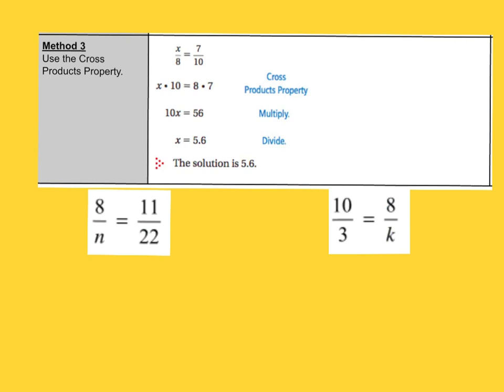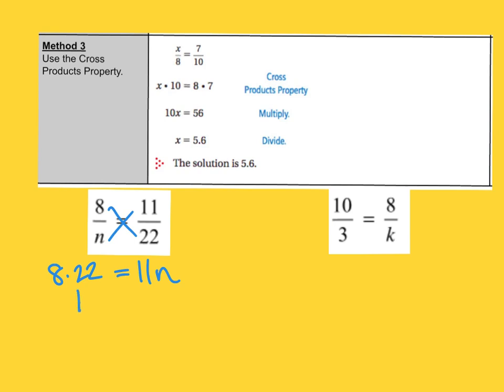Method 3 of solving proportions is to use the cross products property. So we have the ratio 8 to n is equivalent to 11 to 22, so we're going to do cross products, so 8 times 22 and n times 11. So we end up with 11n.